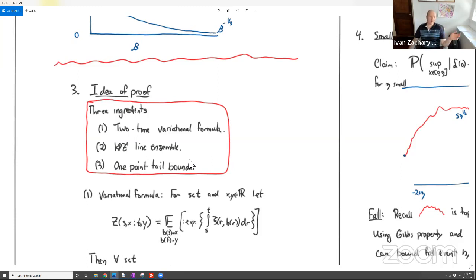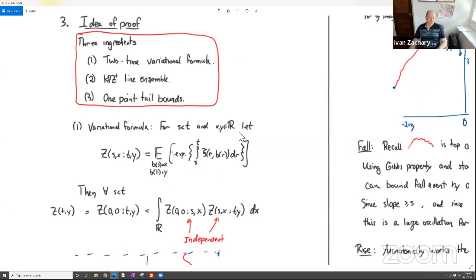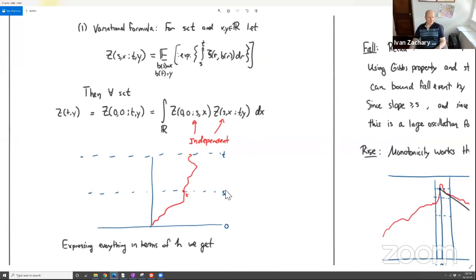We already saw that when we do these regularity arguments using the Gibbs property, we need tail bounds to control the endpoint, the deterministic locations, and how things behave. So let me describe the first part, and how the KPZ line ensemble plays into this. The picture will do for us.